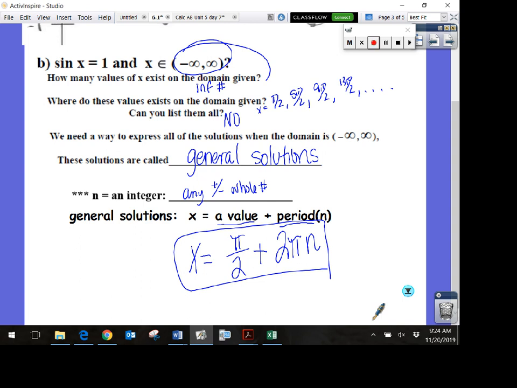So for general solutions, or a domain of negative infinity to infinity, you're expected to write an equation. And this x is the variable. It might be a theta, might be a capital R. It's just whatever the angle is represented in the problem.